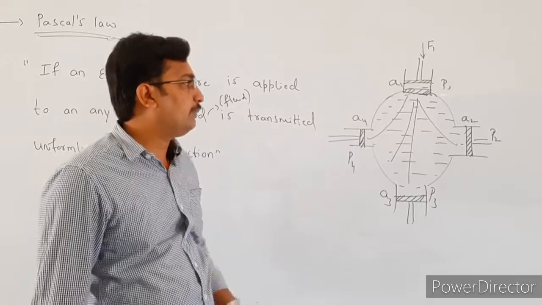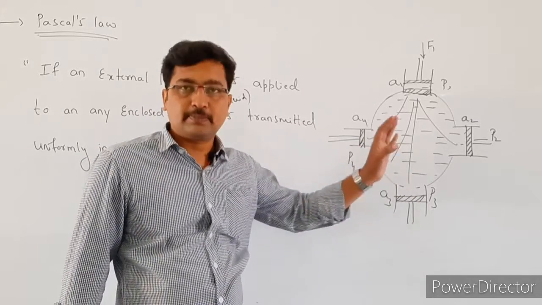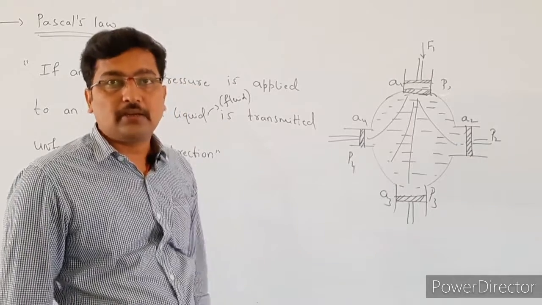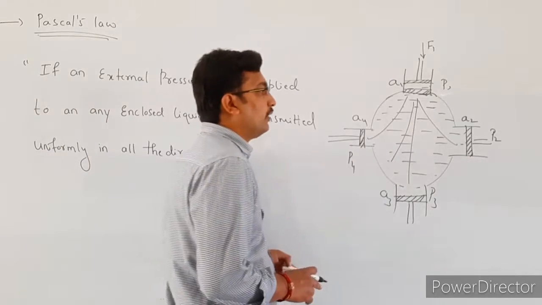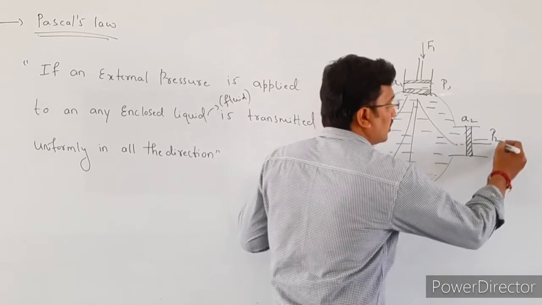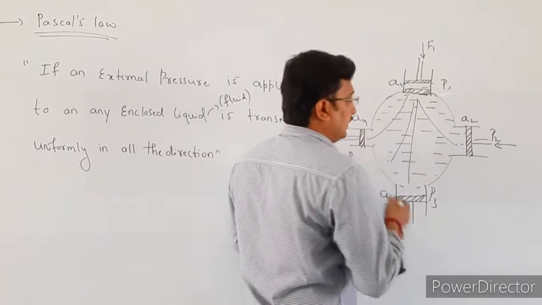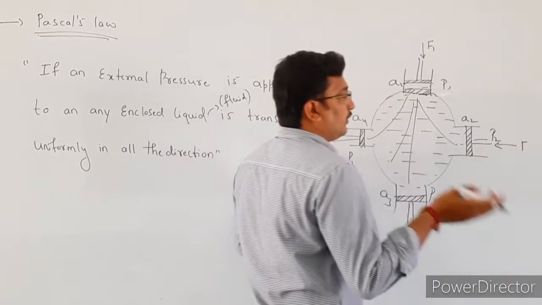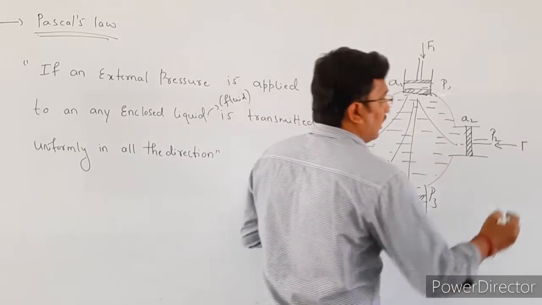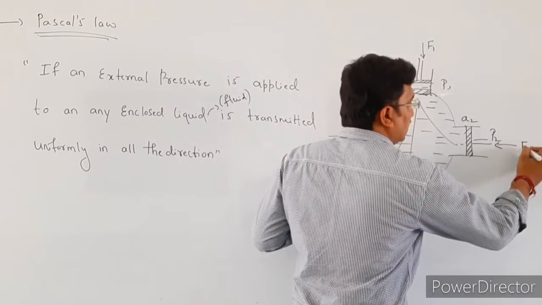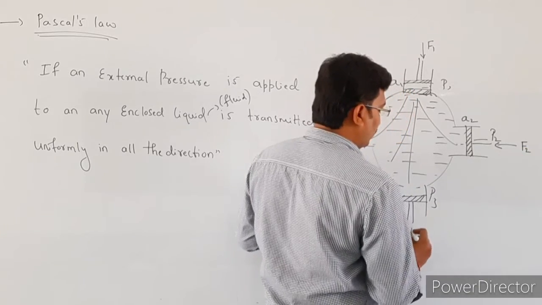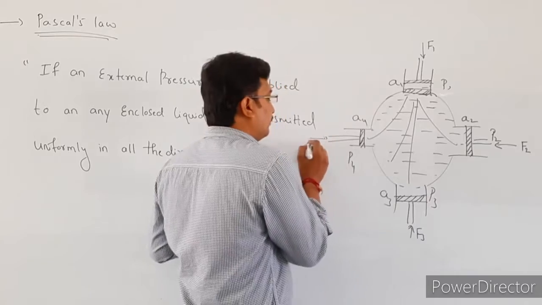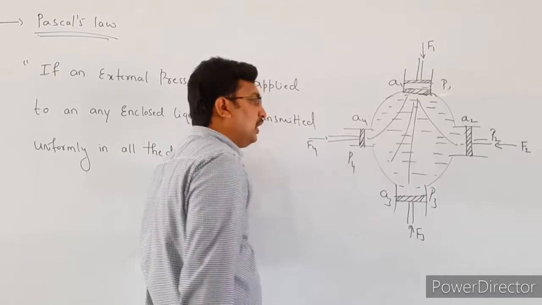Okay, if you want to keep the pistons in their respective original positions, we have to apply some forces on the pistons P2, P3 and P4: force F2 on the piston P2, F3 on the piston P3 and F4 on the piston P4.